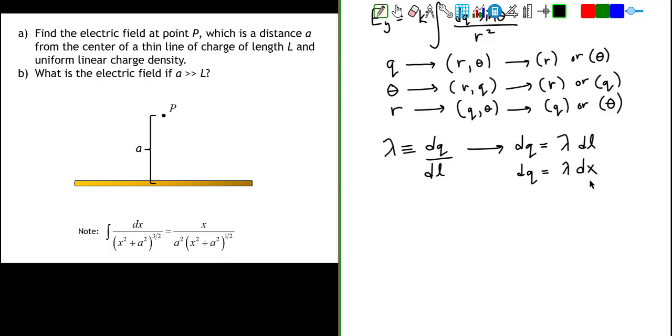To get the relationship between the variables, let's just quickly resketch our diagram. We have the charge along the x-axis. I will put the x-axis like this. The y-axis is passing right through the middle. We are interested in point A. The representative charge element is here.